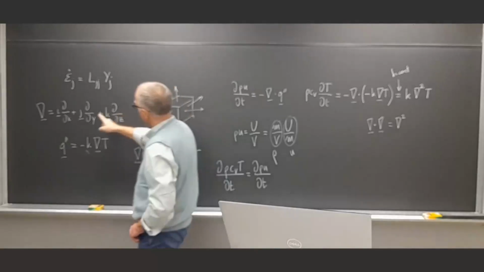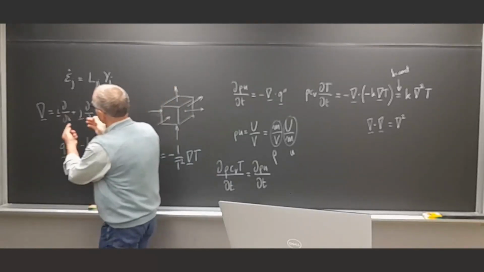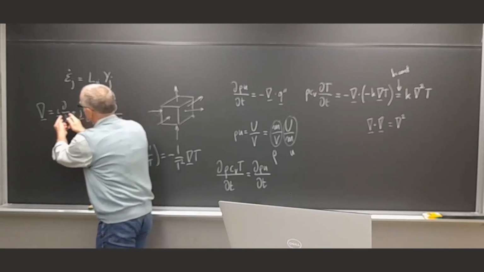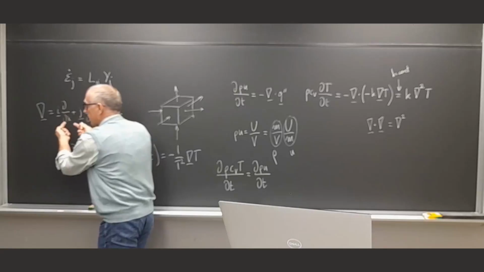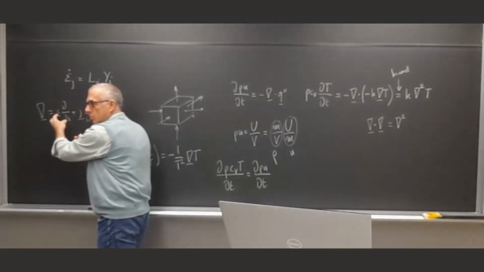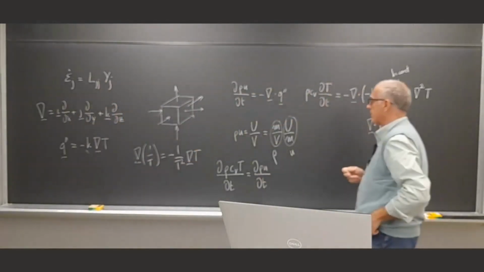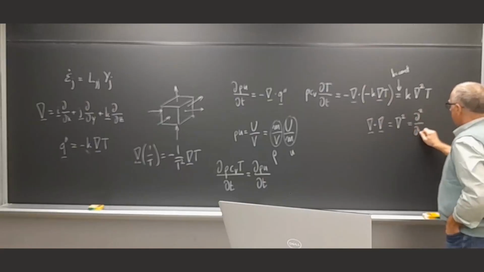If you dot this vector into another vector equal to itself, the dot product gives you the products of the components of the vectors. And so here you have the partial of x times another partial of x. So that's the second derivative with respect to x twice. And those are the various ingredients, the three that represent the Laplacian.